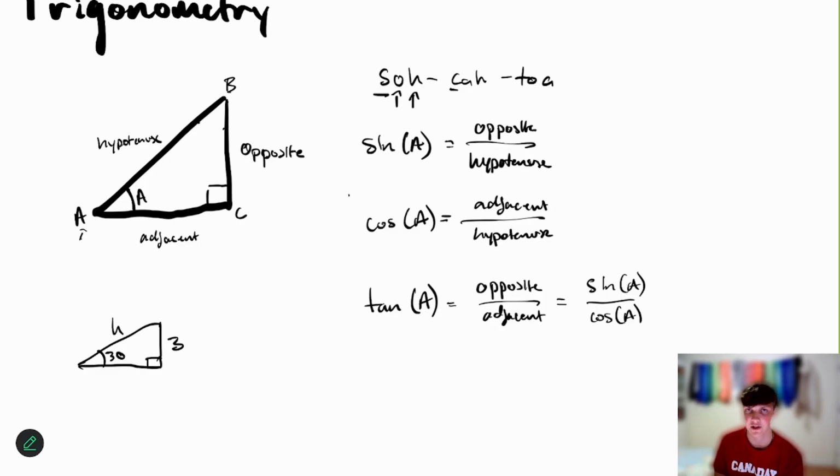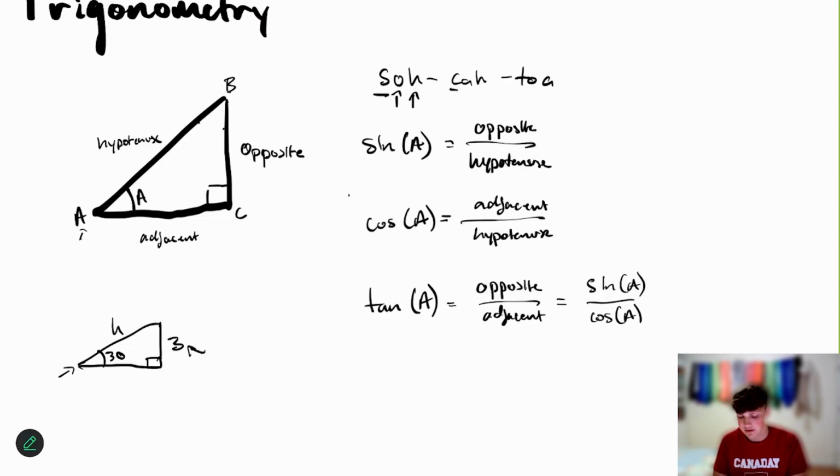So I wanted to find h here. How would I do it? Well, I know this angle, so relative to this angle, what is 3? Well, 3 is the opposite side, right? So we know the opposite, and we're looking for the hypotenuse. So which trig function links opposite and hypotenuse? Well, it's going to be sine.